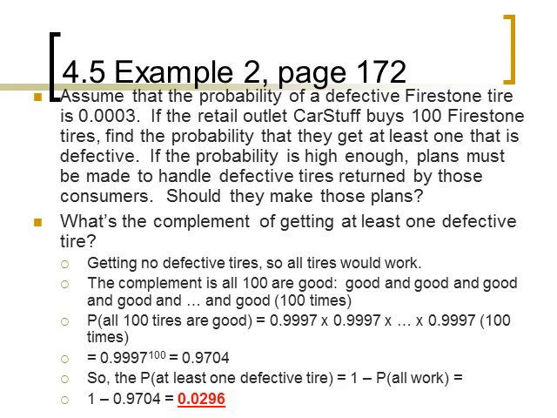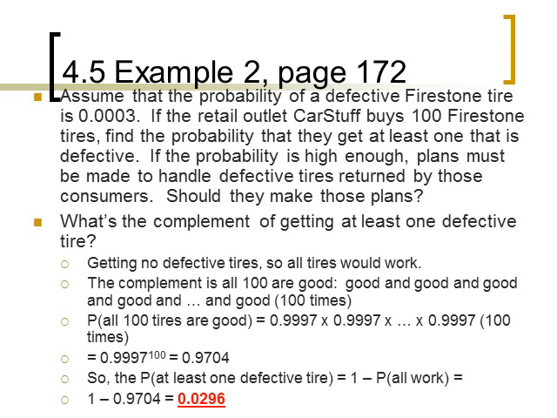So we have a very low probability of having a defective tire. But this company is buying a large shipment of tires, so we want to know, is this going to increase the odds or the probability of having a lot of defective tires out of the 100? So let's go ahead and deal with the complement of the event.